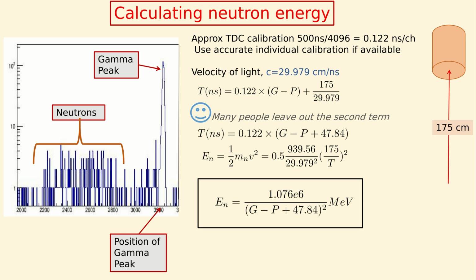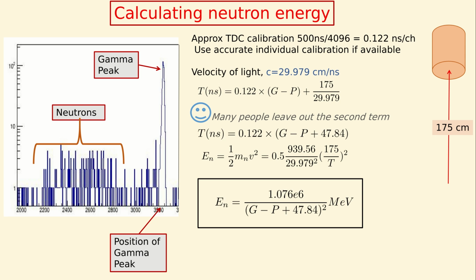And then the energy is given by half mv square. For the neutron mass, you can take 939 MeV by c square. 939.56 is the mass of the neutron in MeV, divided by the velocity of light in centimeters per nanosecond, which is 29.979 squared. And then the velocity is 175 centimeters divided by the time in nanoseconds.